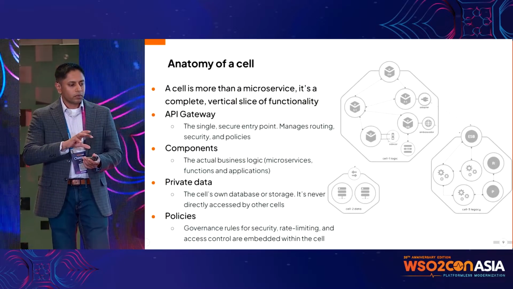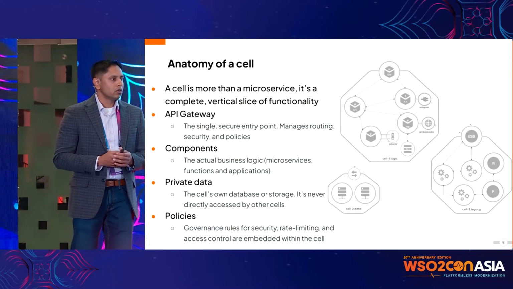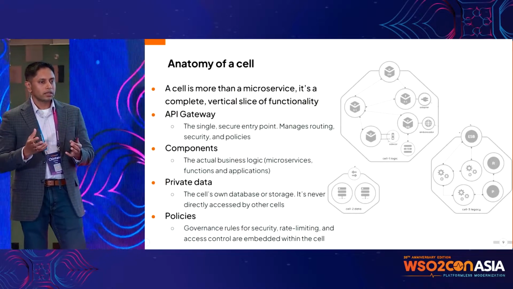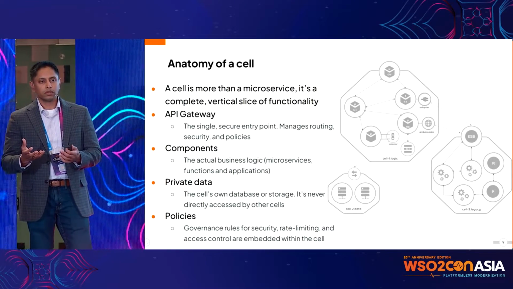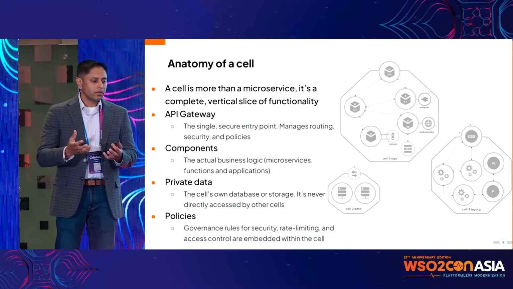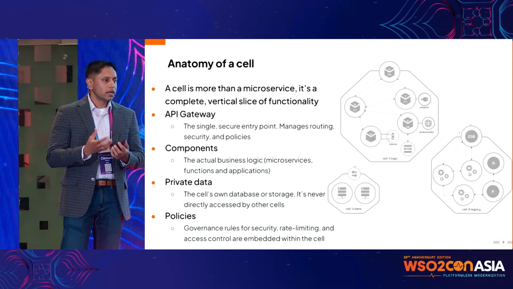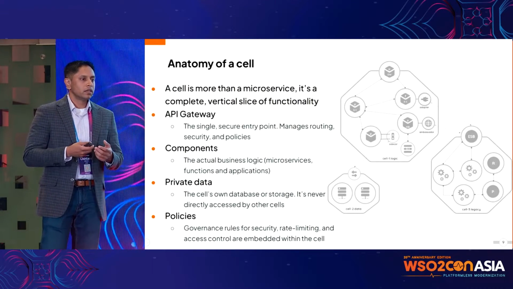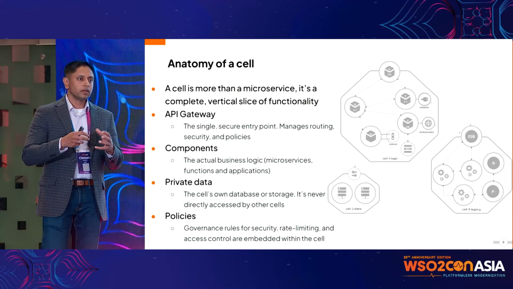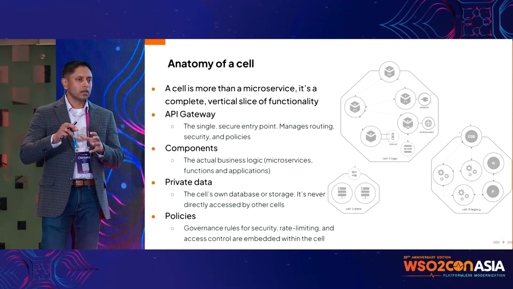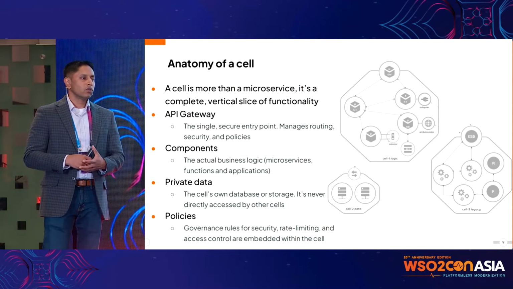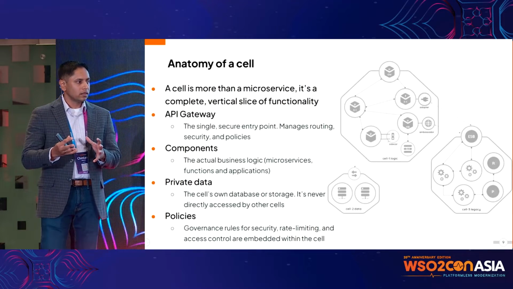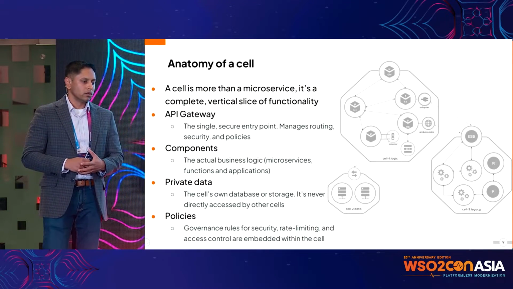Inside the cell, we call them components. It can be multiple microservices, or we can wrap legacy systems inside a cell and deploy those as well. In practice, we've seen customers wrapping databases and other smallish things that you can deploy into Kubernetes inside the cell and deploy as a unit.